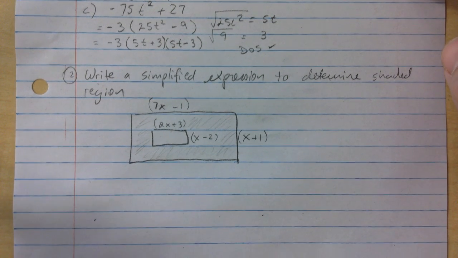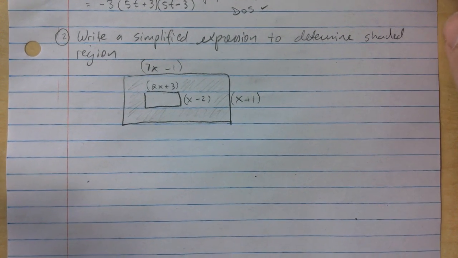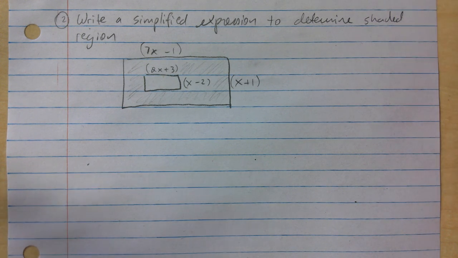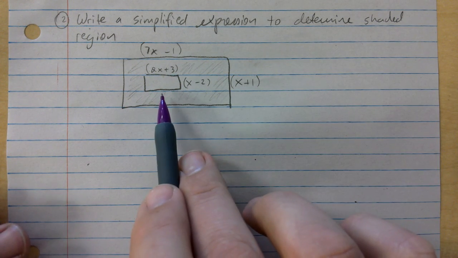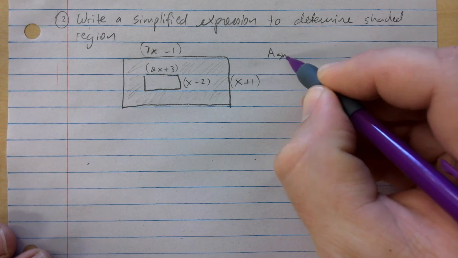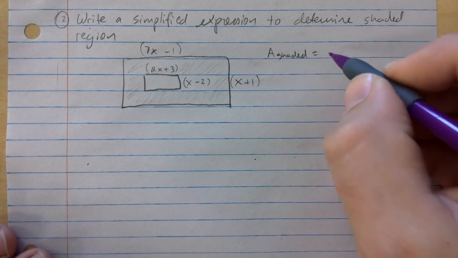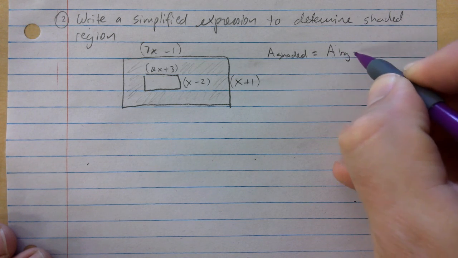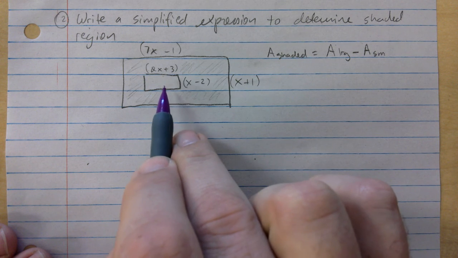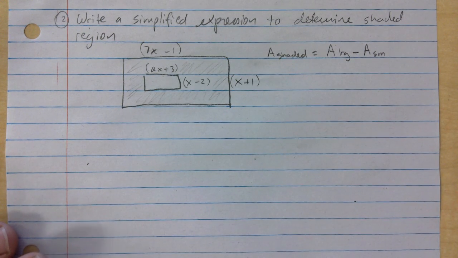All right. And then we're going to do writing the simplified expression to determine the shaded region. So the basic idea is that the area of the shaded region would be the area of the large rectangle minus the area of the small rectangle inside. That is the idea that I'm going to go with.